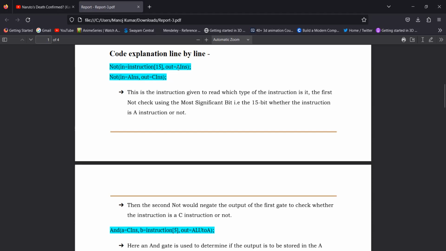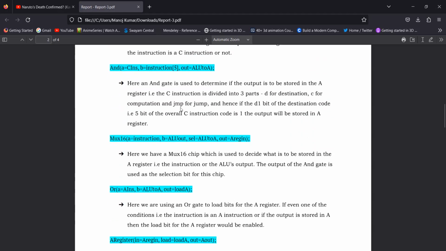Suppose it is not an A instruction, so the Not gate will show 0 in the output, and after being negated in the next Not gate, we get to know that it is a C instruction. That is how these two lines of code work.